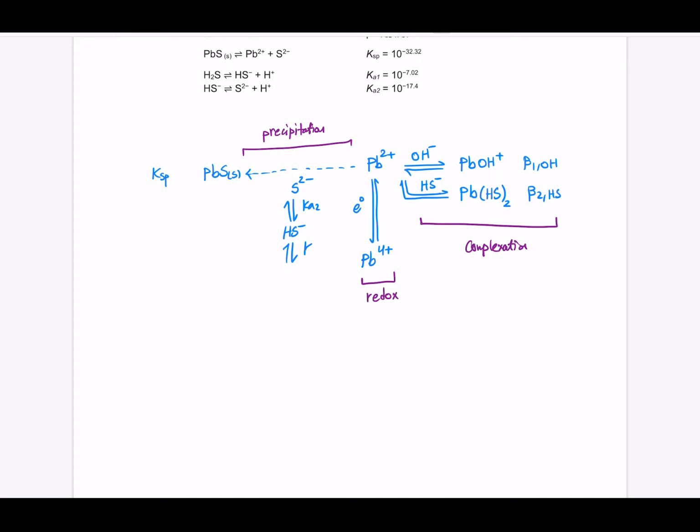HS minus now can form H2S by Ka1. And now that we have H2S, it's not a closed system, it's an open system. So with the partial pressure dictating this equilibrium, we can form H2S gas. So this would be acid base, and this would be gas equilibrium.